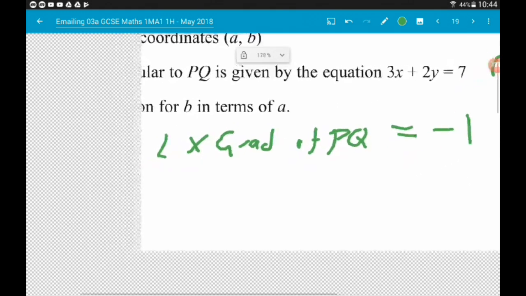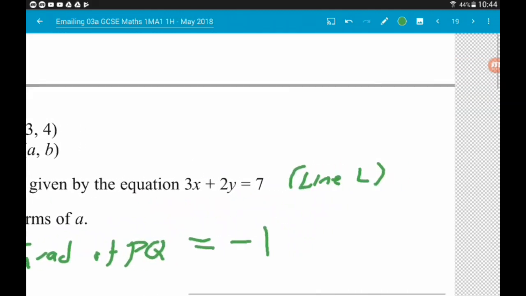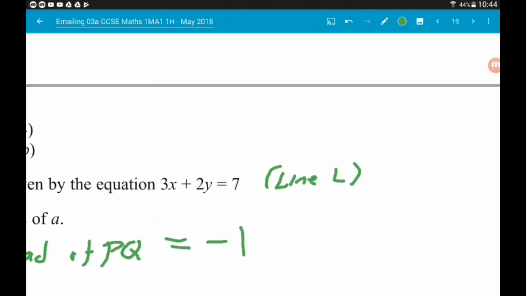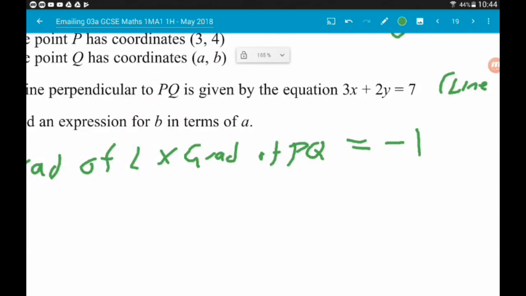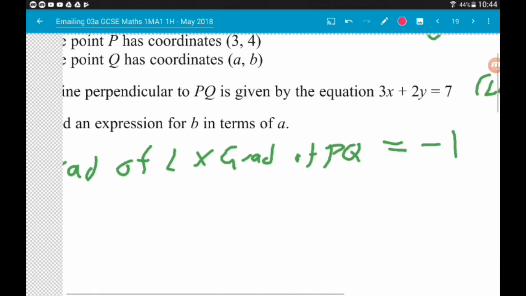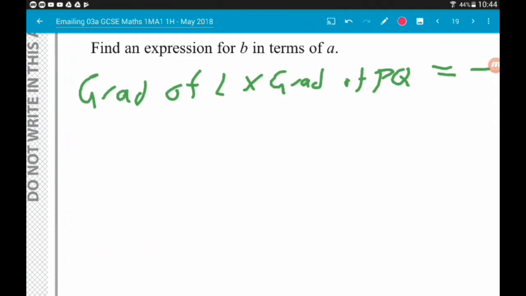Now to do that, let's just remind ourselves up here, we always need a line in the form y equals mx plus c. So m is the gradient. So we first of all need to rearrange 3x add 2y equals 7 to get y on its own.